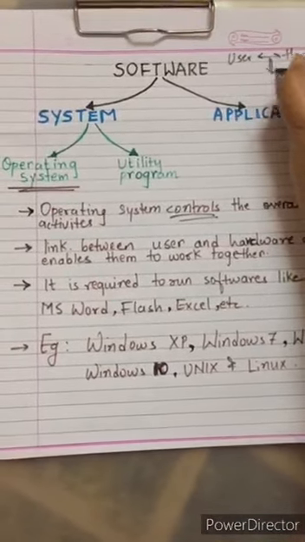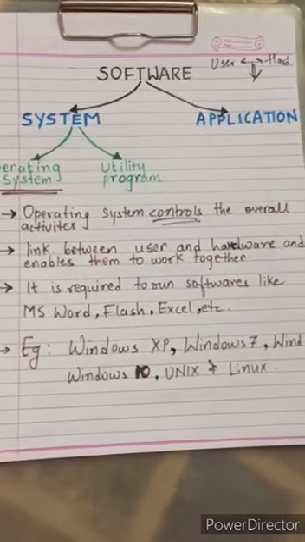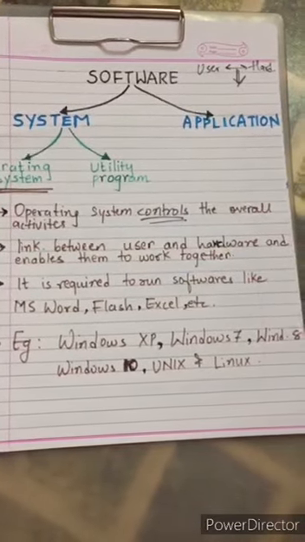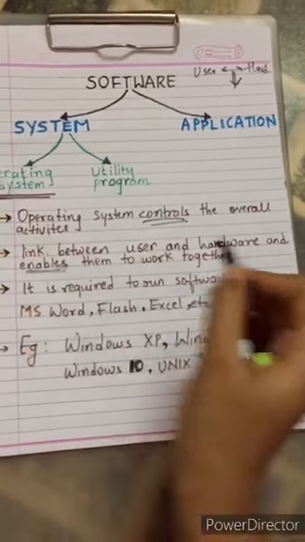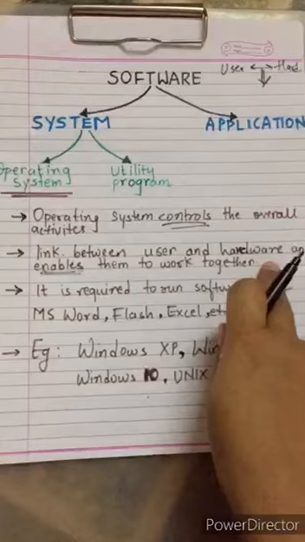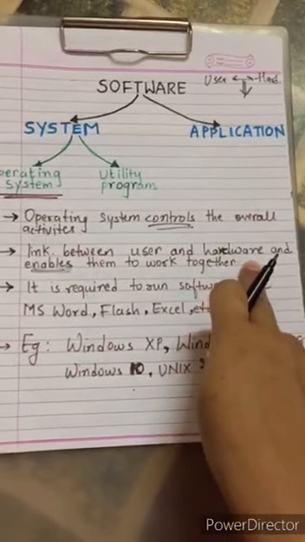In between, system software does the processing and gives the output. So it makes it possible for user and hardware to work together simultaneously.